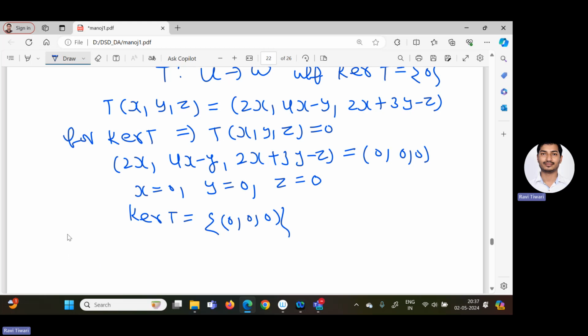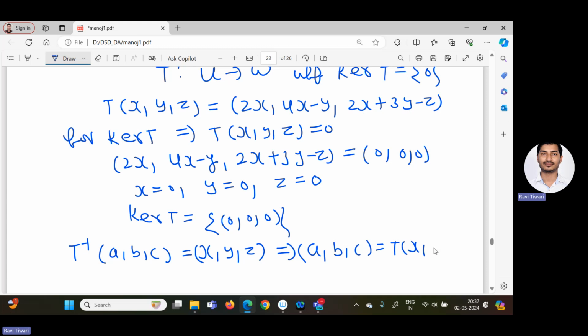Let us assume that T inverse of a, b, c equals x, y, z. Now I am going to calculate the inverse of the linear transformation. This implies a, b, c equals T of x, y, z.